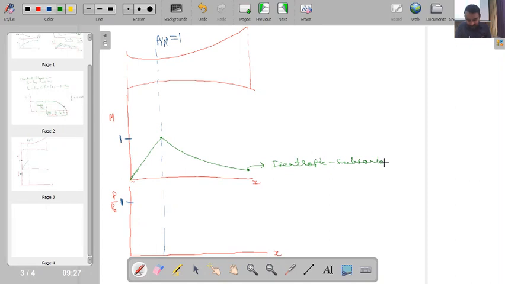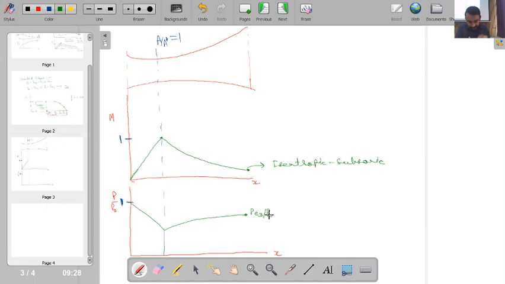Now if I consider that I am able to maintain a pressure equal to PE. Sorry, let me first draw the pressure profile for this. So this is my PE3, P3 by P naught, let me write.